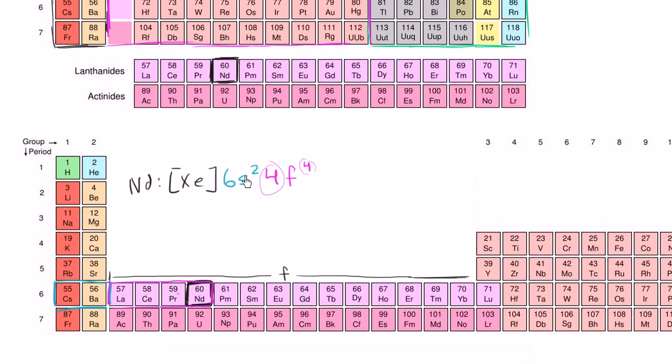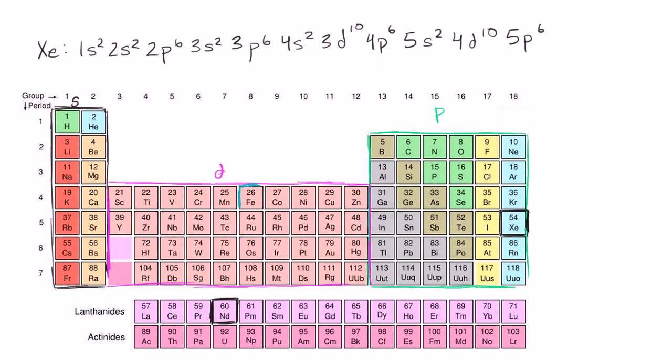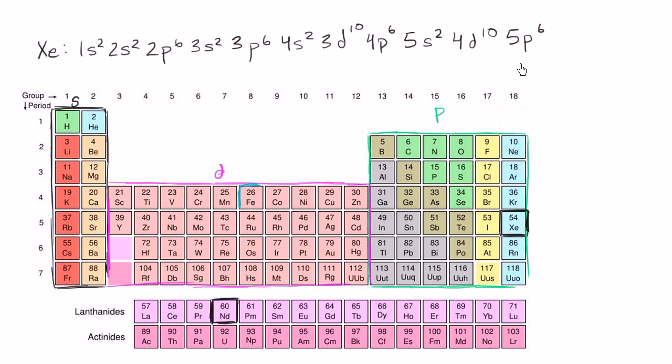And so this is a pretty neat shorthand, because the other way to write the electron configuration of neodymium would have been to write down all of this. Actually, I think that's going to take up too much space.